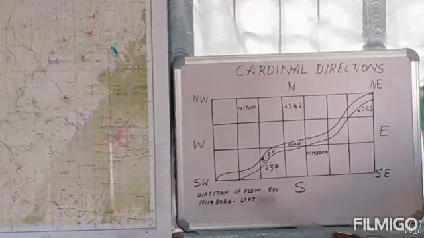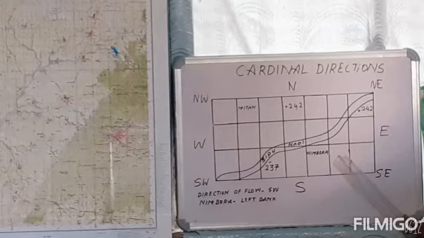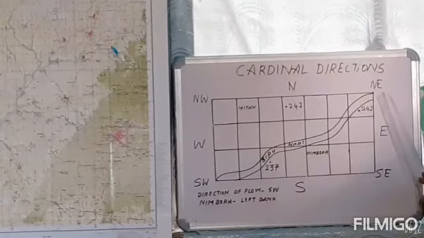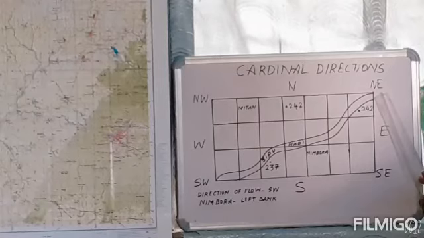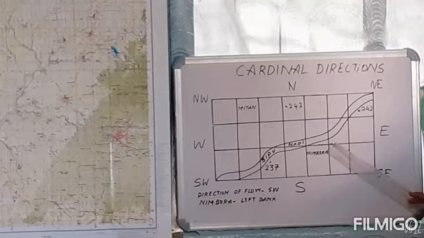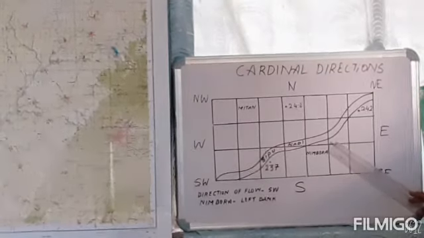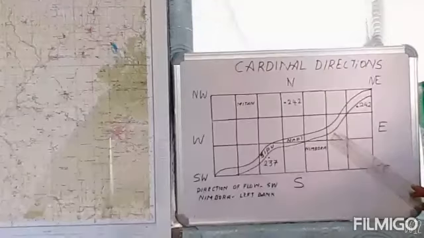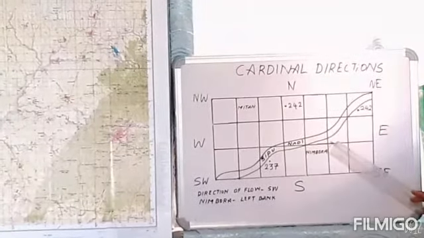To the right is the right bank and to the left of yourself is the left bank. So, if you stand at the source of the Sipu river, the settlement of Nimbora is to the left of yourself. So, on the left bank of Sipu Nadi, the settlement of Nimbora is situated.